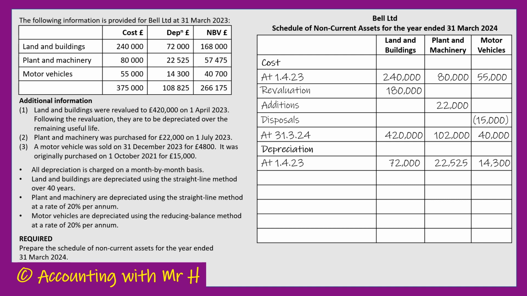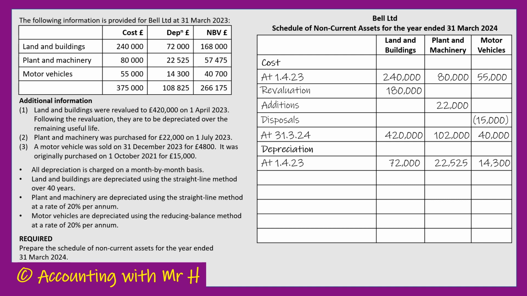Then I'm going to think about things that will have changed the depreciation during the year. And the first thing to consider is the revaluation. When you have a non-current asset revalued, the best way to think of it is like starting again with the figure, the depreciation. So originally it cost them 240,000, this land and buildings, but because they've now had it revalued and it's been revalued at 420,000, that is now the figure today of what the cost or the value of those land and buildings are.